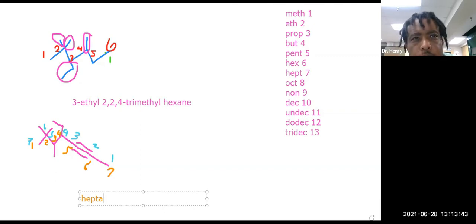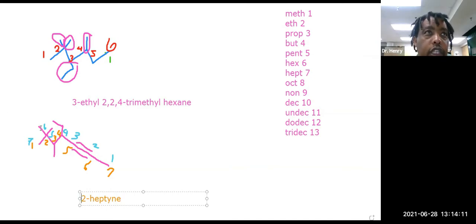So if it's a triple bond, it's Y-N-E. So we're going to put Y-N-E. Where's that triple bond located? Starting at the second carbon.